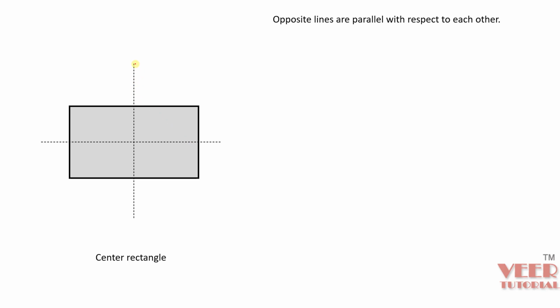We draw some imaginary lines at the midpoints, and at the intersection of the midpoints, this is the center of the rectangle. So we need to define 2 points. This will be the first point and this will be the second point. With this type of rectangle, we can create a symmetric rectangle.